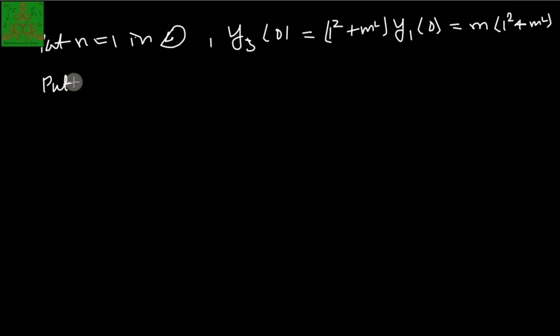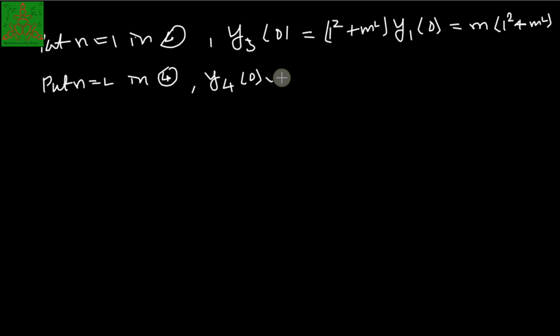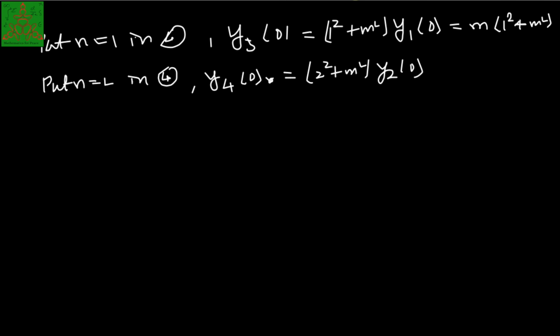If I put n equal to 2 in 4, then that leads to y4 at 0. And you just observe that it is 2 square plus m square, y2 at 0. But y2 at 0, as per this, is m square. So it gives me m square, 2 square plus m square.